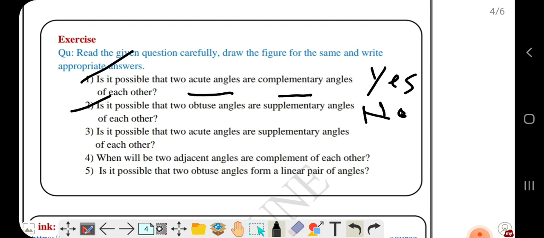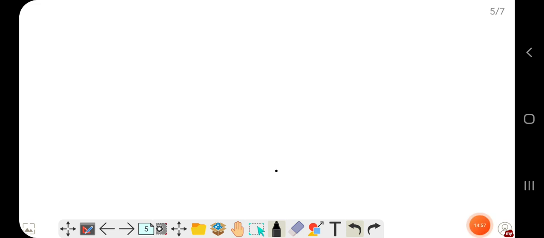The third question: is it possible that two acute angles are supplementary of each other? It is also not possible, because acute angles are angles less than 90.